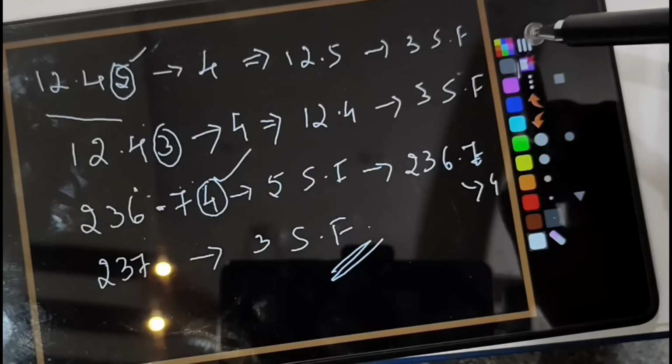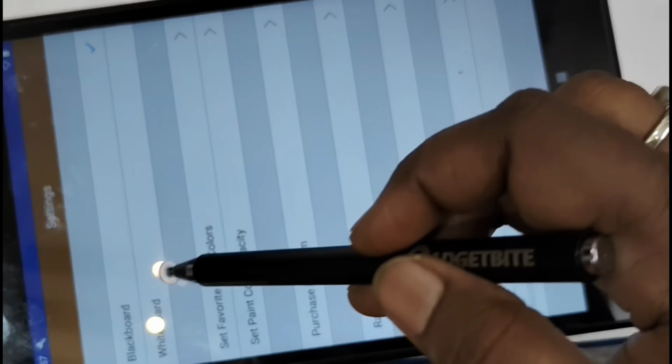So let us go to the next topic of this chapter, that is dimensions.